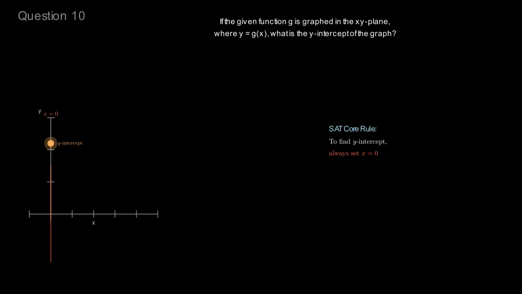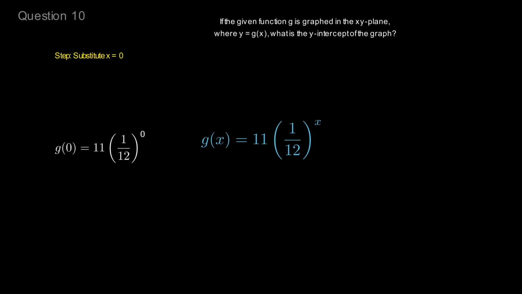So, to find our specific y-intercept, we must substitute x equals 0 directly into our function. Let's perform the calculation. The function becomes g of 0 equals 11 times 1 over 12 raised to the power of 0. Now remember the laws of exponents.